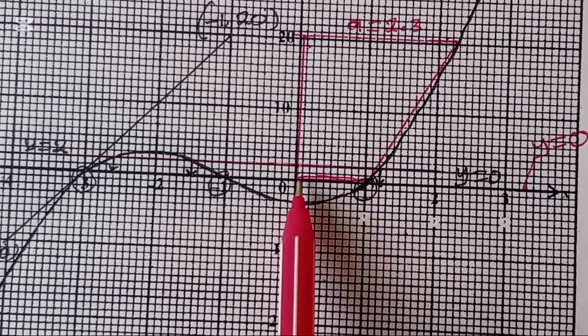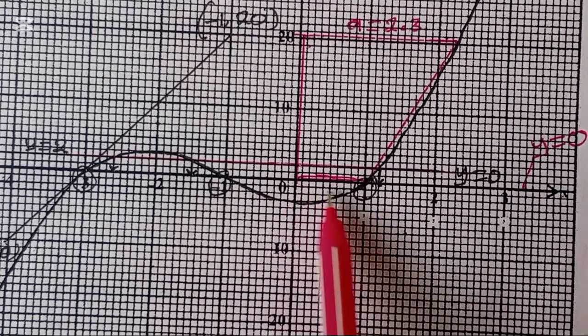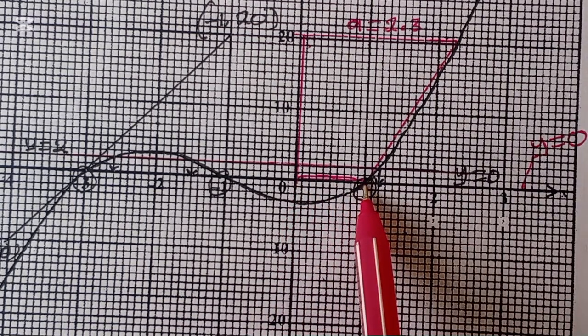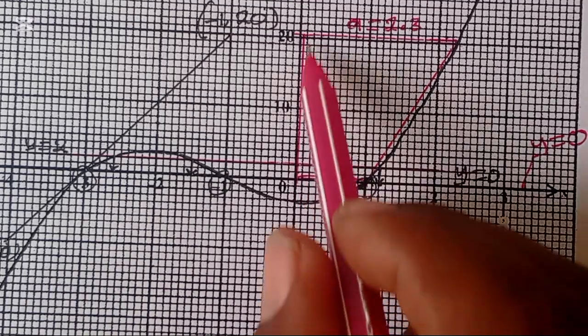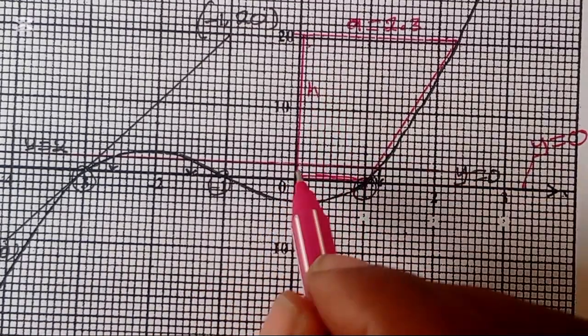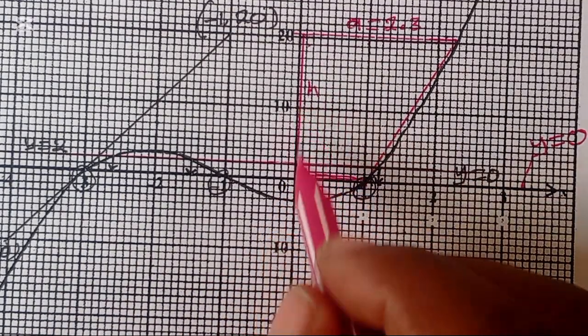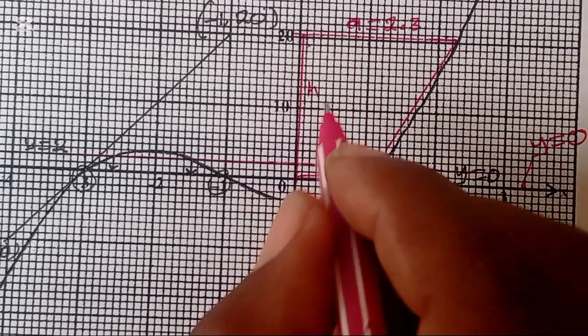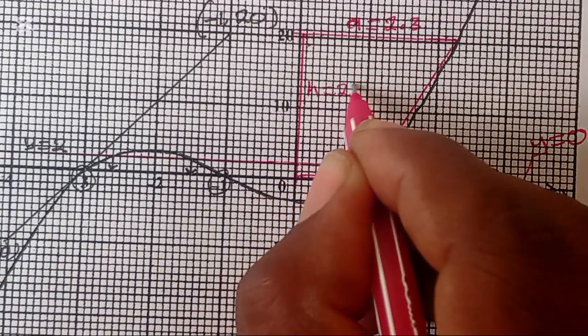Then we have the value for B here. This is 1. And then we have height. Height, it is 2 centimeters to 10 units this side. So it is 10, 20. So height is 20.